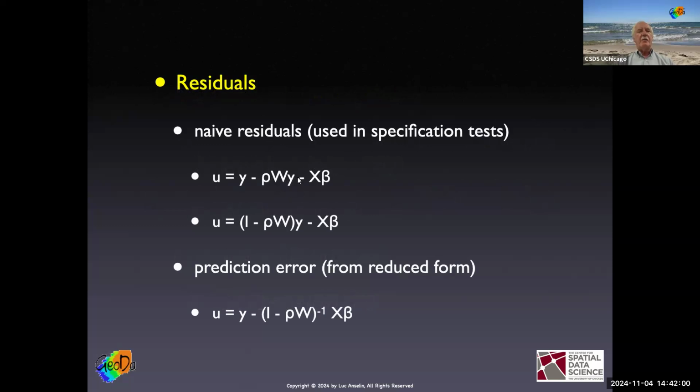It's the average of the neighbors, so if these are house prices, this is the average of my neighbors' house prices. How important is that in terms of driving my house price? But that's a structural form. Really, it's not the neighbor's price that matters, but it's the neighbor's house characteristics, which come out of this reduced form.